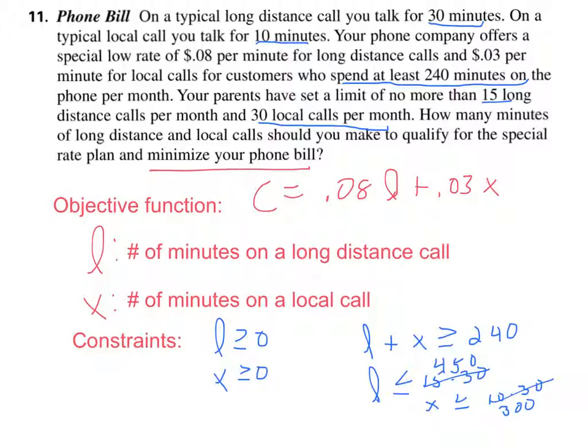So my 5 constraints I'm labeling right now. 1, 2, 3, L is less than or equal to 450, and X is less than or equal to 300. Those are the 5 constraints that I need to graph in this linear programming problem.